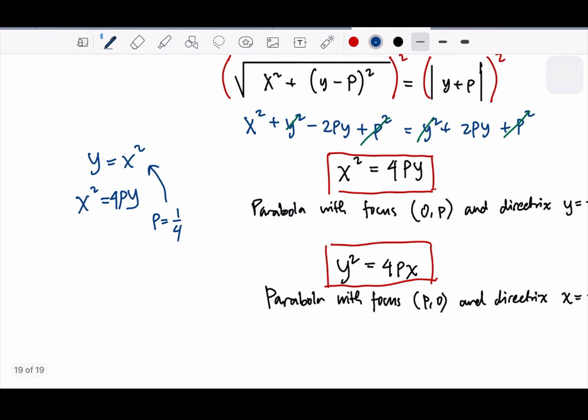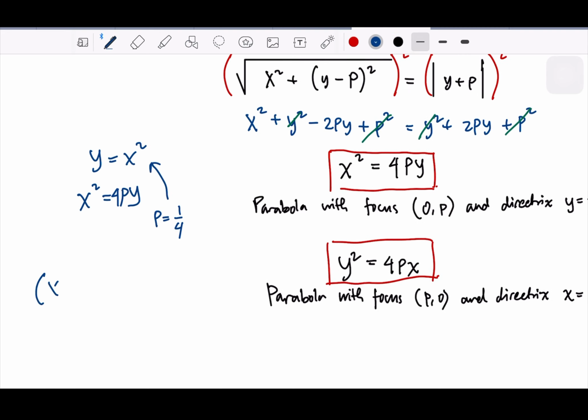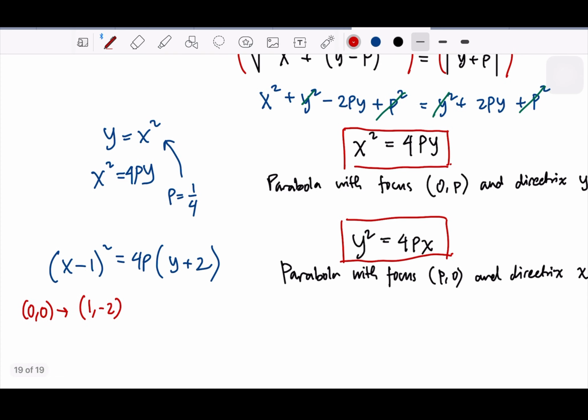For example, like this, which means its center changes to (1, negative 2) instead of (0, 0). So the vertex is shifted.